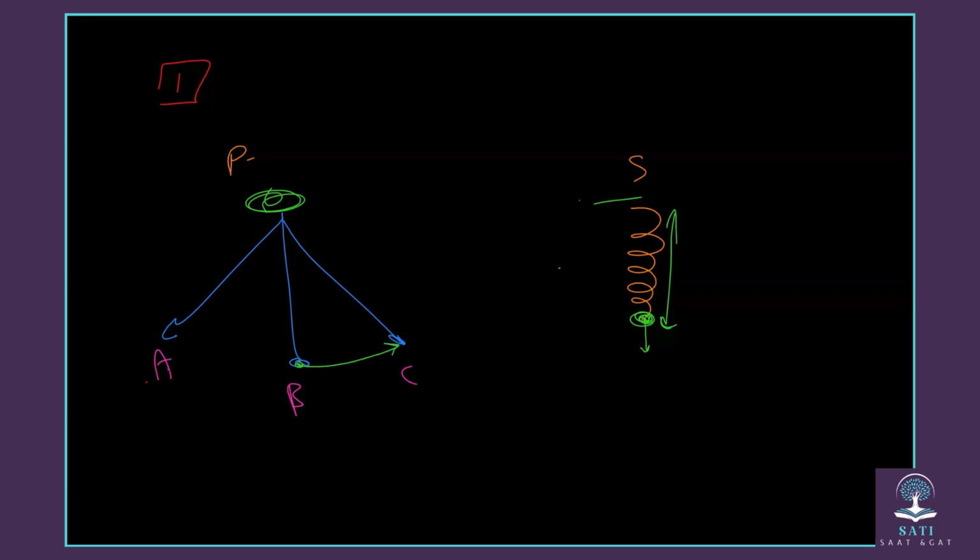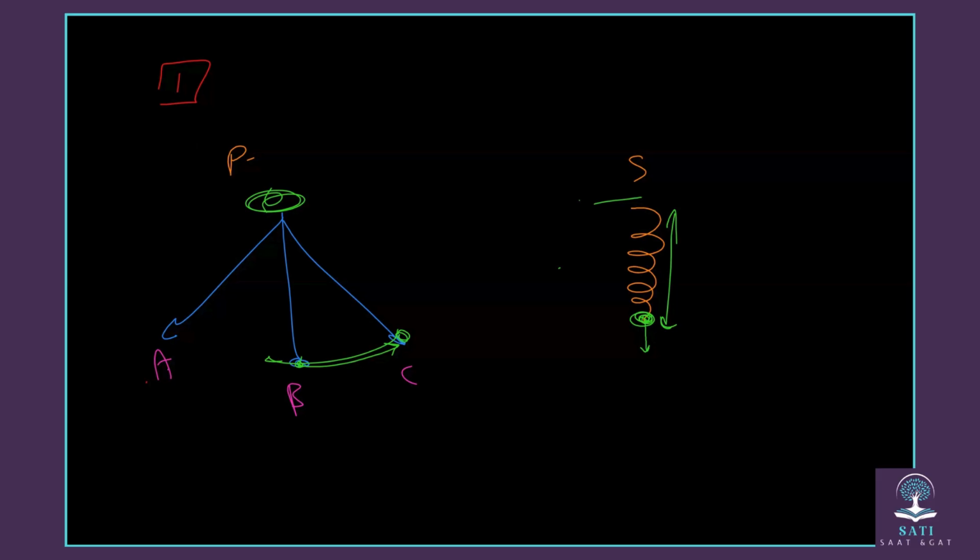This is the displacement, and this amount of displacement is a factor for the force that is responsible for restoring it back. So the restoring force in this example also is proportional to the displacement. So this is also another type of simple harmonic motion.